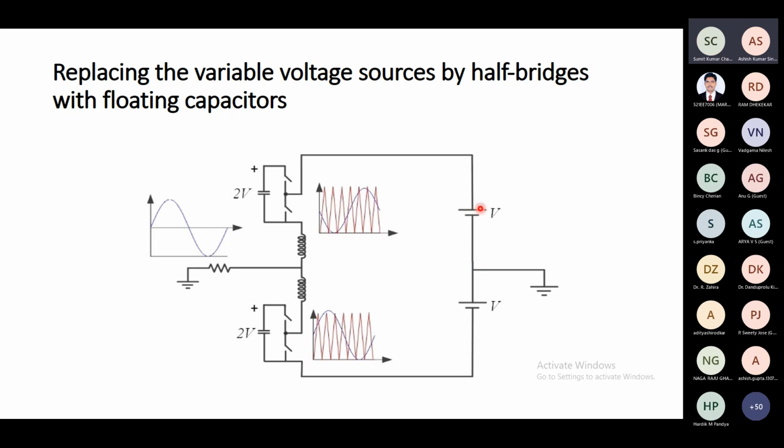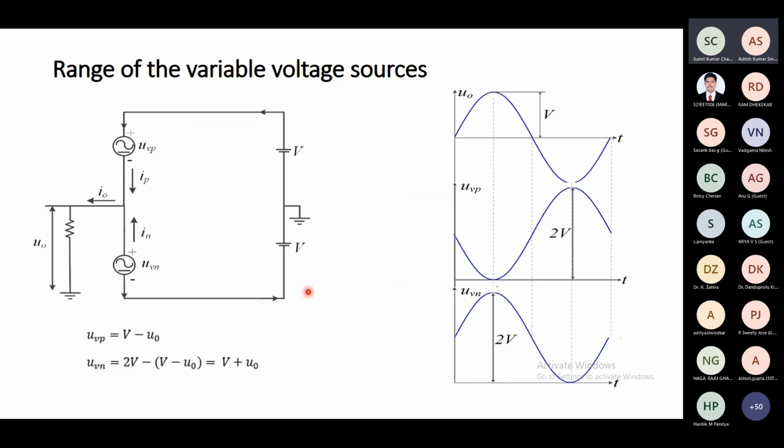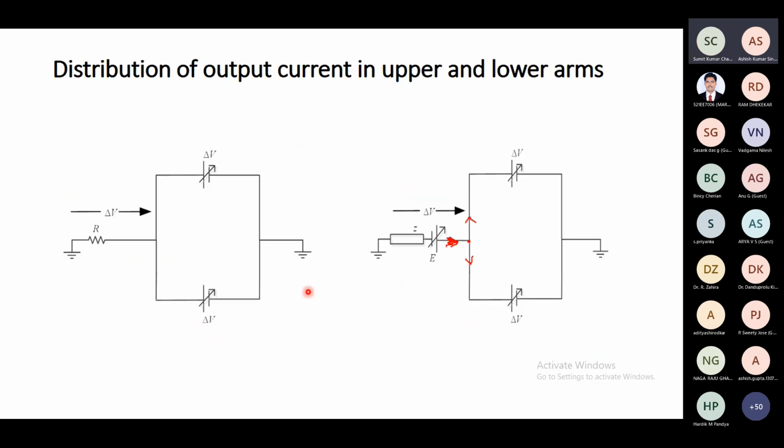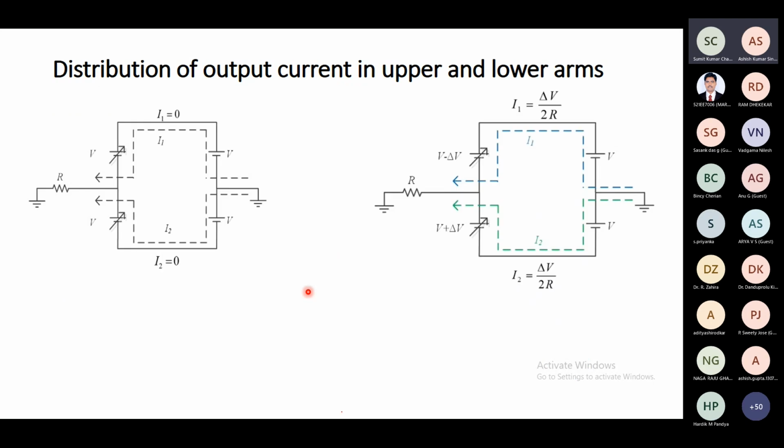Assuming the stray resistance of this path is negligible, a very small deviation in voltage would cause a very high inrush current. To limit that, we have now provided these inductors, the arm inductors. You can see in the equivalent circuits before, in these diagrams, I had never drawn the inductor before.